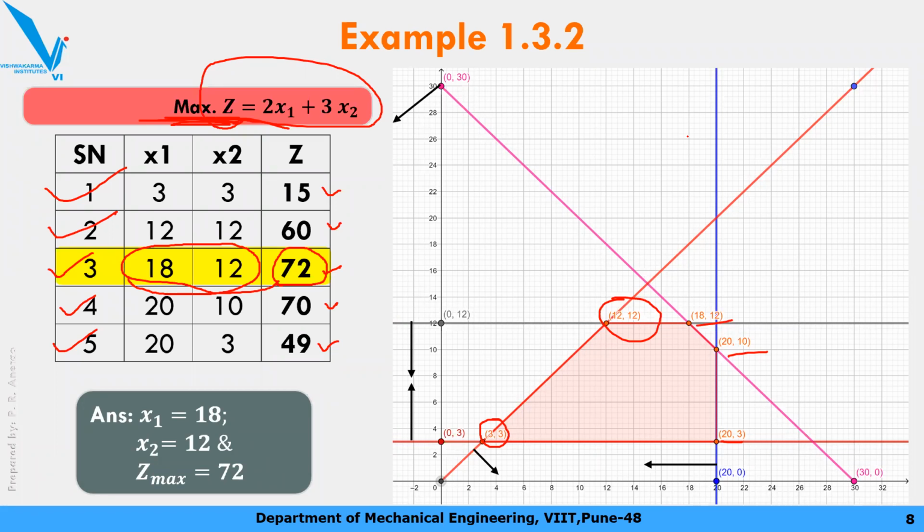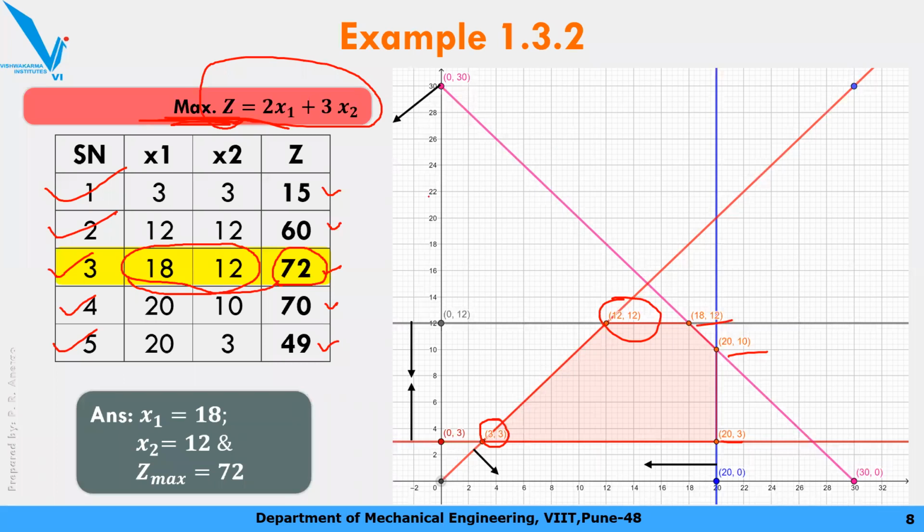The graphical method is very easy and quickly it is going to give an answer. Otherwise, the second approach which we are going to learn in the next lecture, that is the simplex method, is a little bit tedious. So I expect all the students of D division to have confidence in the graphical approach.